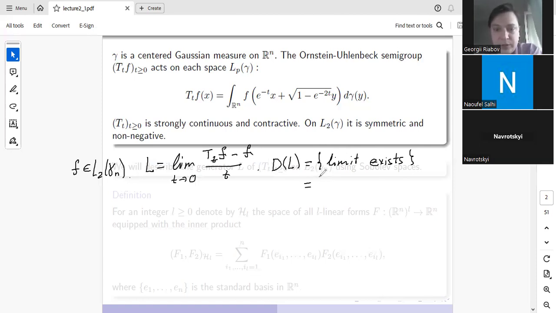We had the following description of the domain. The domain of L consists of functions from L2 for which the sum of k squared norm of I_k f squared is finite.